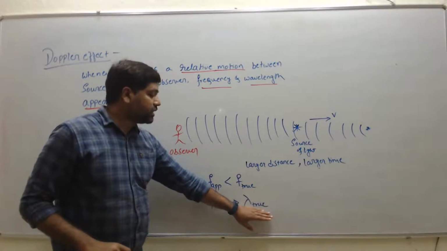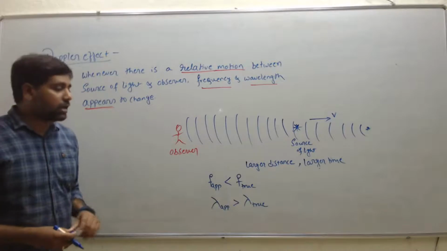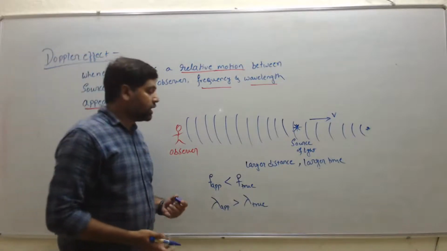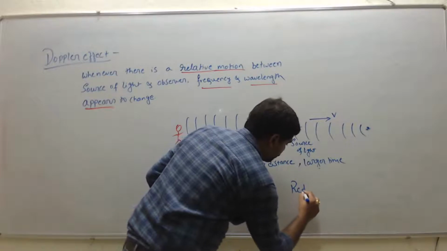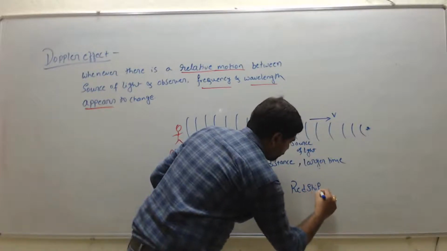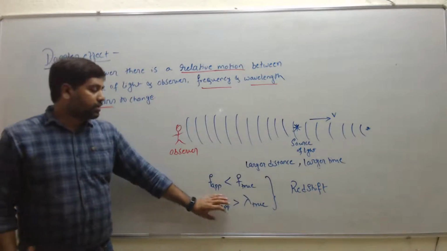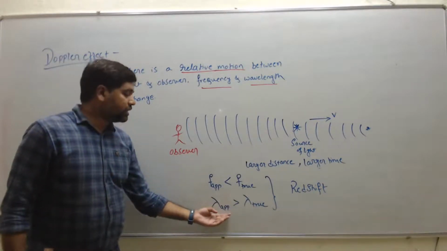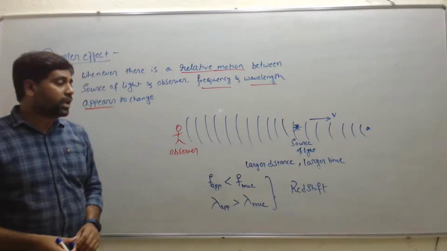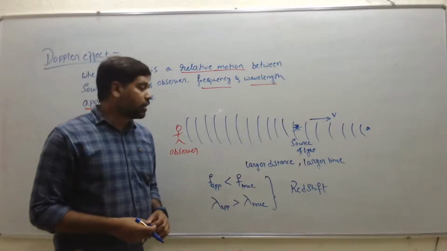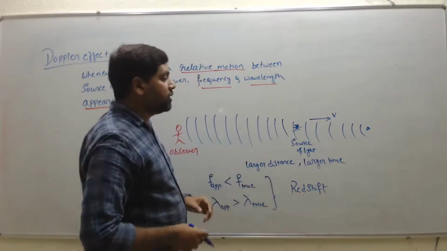Hence, the measured wavelength shifts to the red end of the spectrum, and that shift we call red shift.